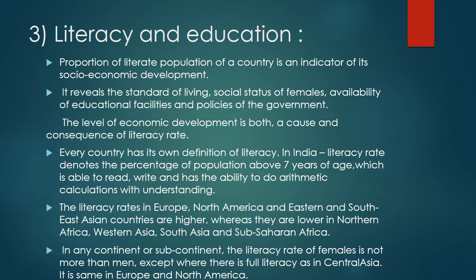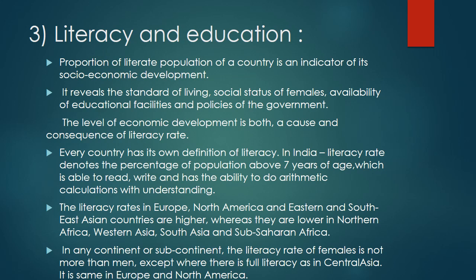In India, literacy rate denotes the percentage of population above 7 years of age which is able to read, write, and has the ability to do arithmetic calculations with understanding.